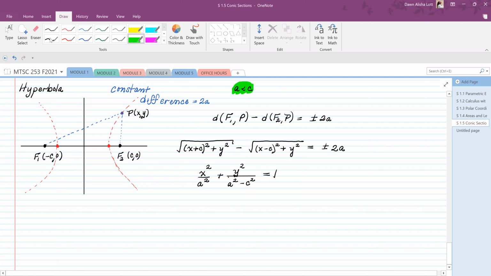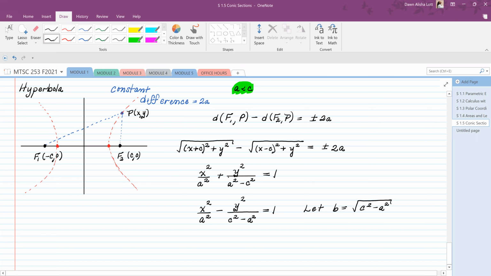So a squared minus c squared is negative. So therefore, if we take this and write this as x squared over a squared minus y squared over c squared minus a squared equals 1. Now c squared minus a squared is a positive number, so I can let b be the square root of c squared minus a squared.